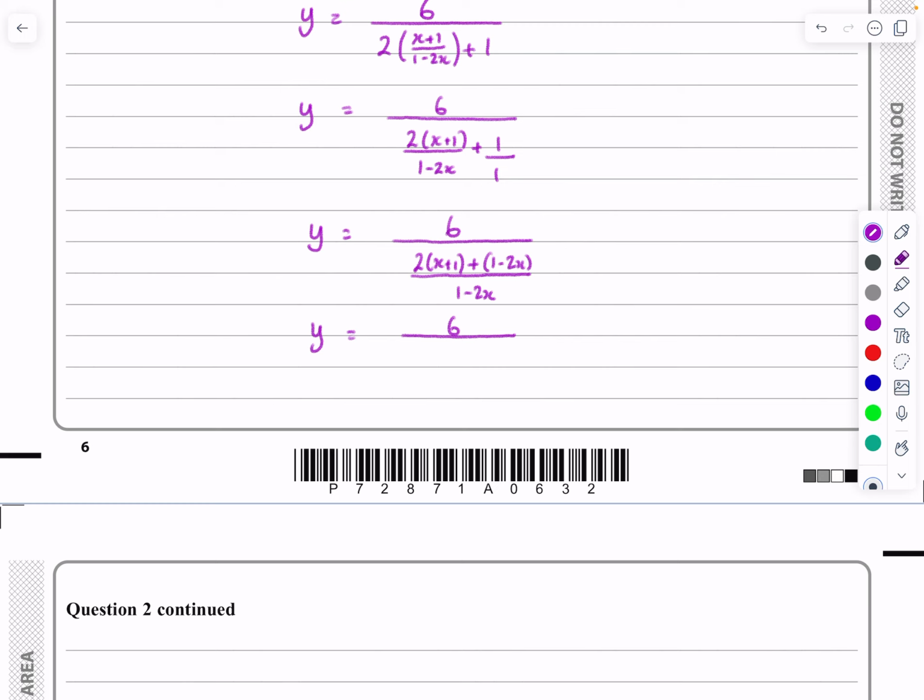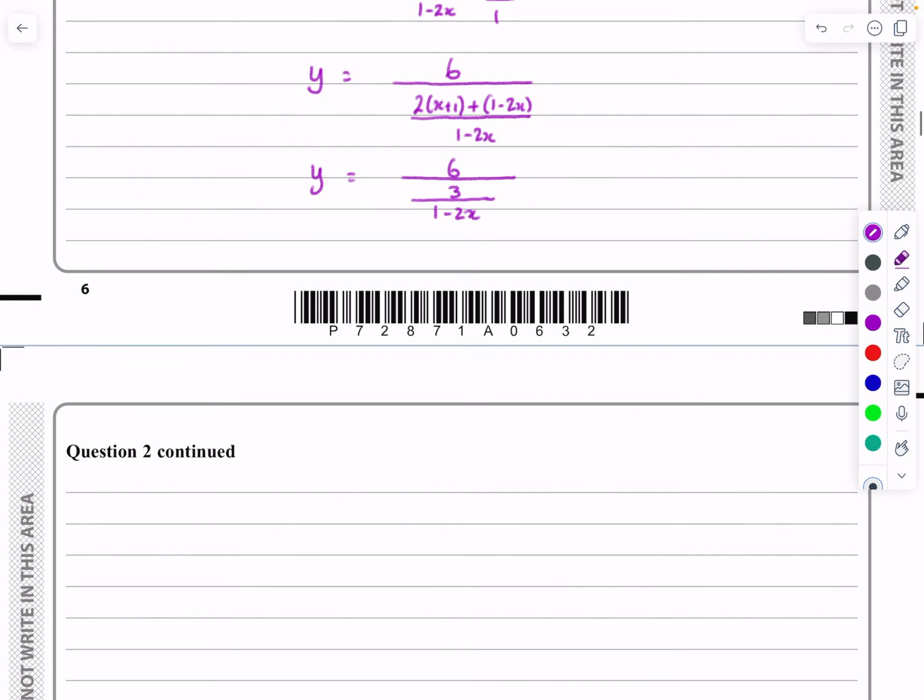It's how many steps you want to do with that. 2x plus 2 plus 1 minus 2x, I can do that quite quickly as the 2x's cancel and you get 2 plus 1, so you get 3 over 1 minus 2x. It's how many stages you want to do.